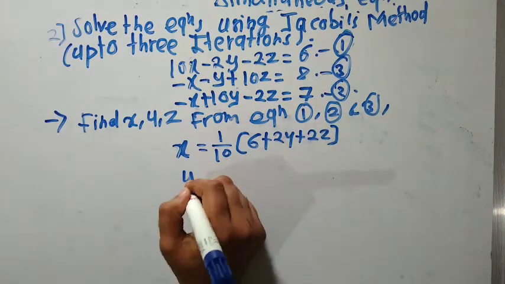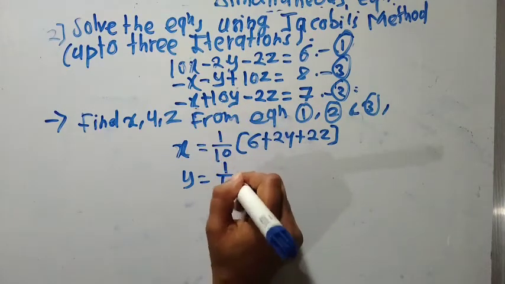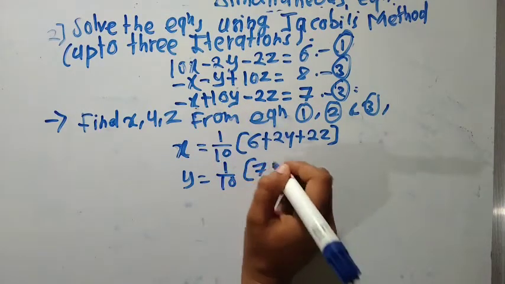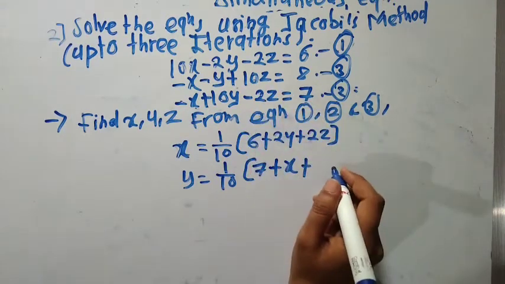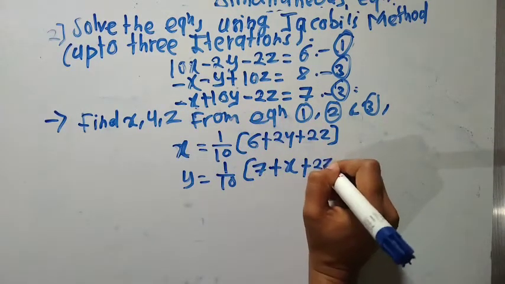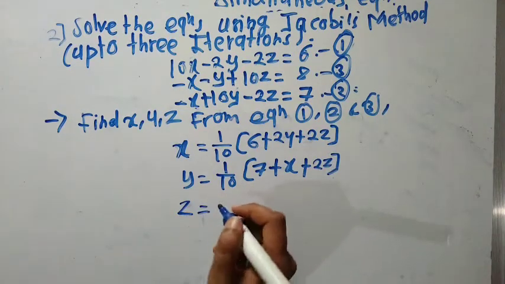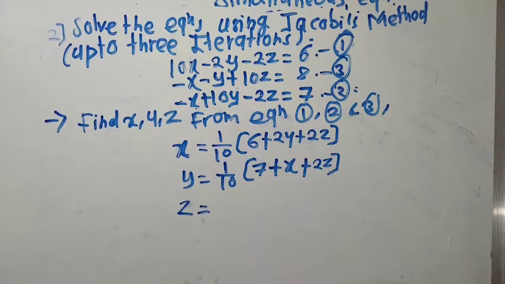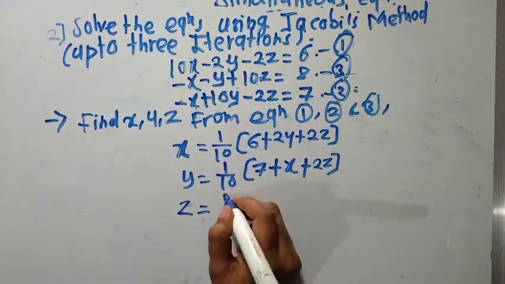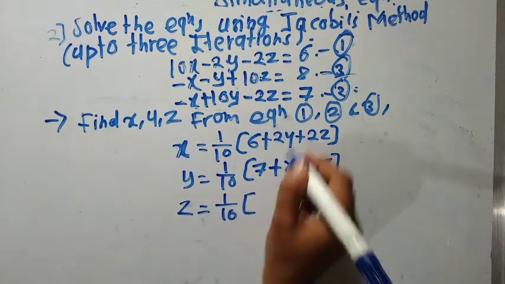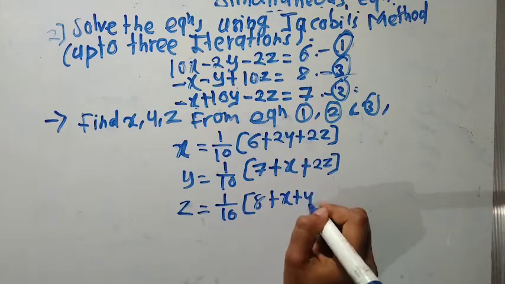And for y, using the second equation, coefficient of y is 10, 7 plus x plus 2z. And z is equal to, using the third equation, coefficient is 10, 8 plus x plus y.